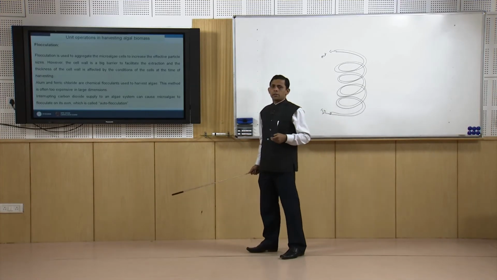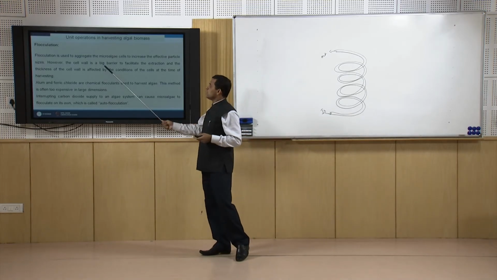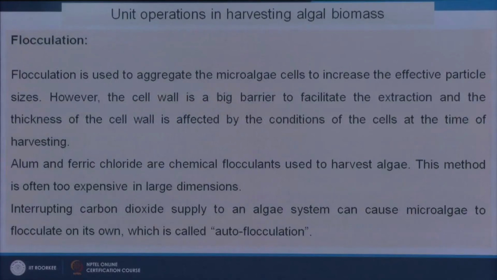Now, we will see what flocculation is and how it works. Flocculation is used to aggregate microalgal cells which are dispersed in the media, and this helps to increase the effective particle size.